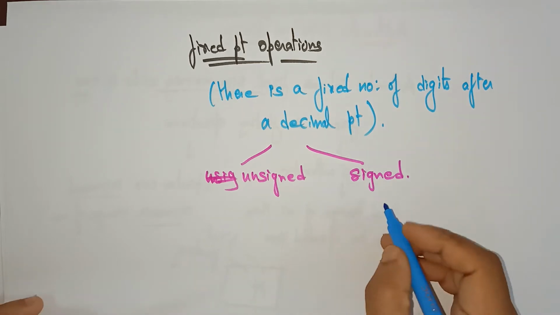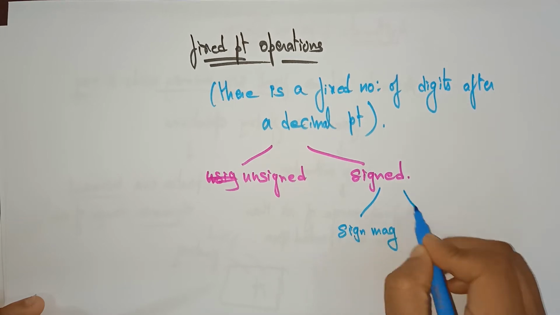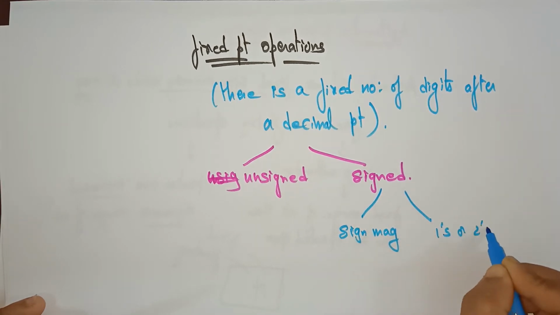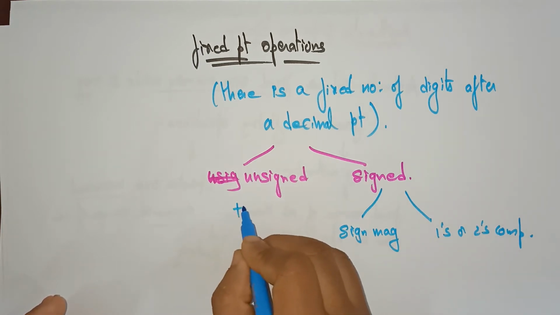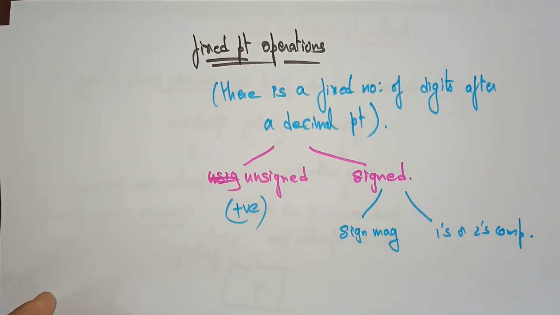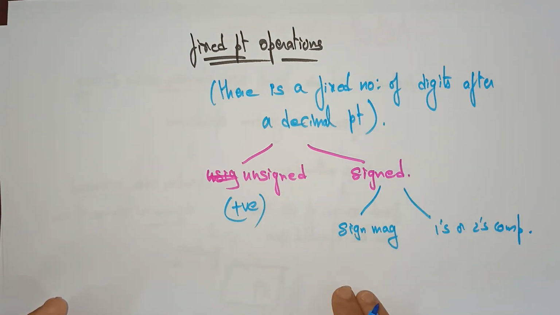Again, these signed fixed point numbers are divided into sign magnitude, 1's complement or 2's complement. Unsigned means positive numbers, and coming to the negative numbers, those are signed numbers. That can be of two types: either you can perform sign magnitude operations, or you can represent them in 1's complement or 2's complement notation.